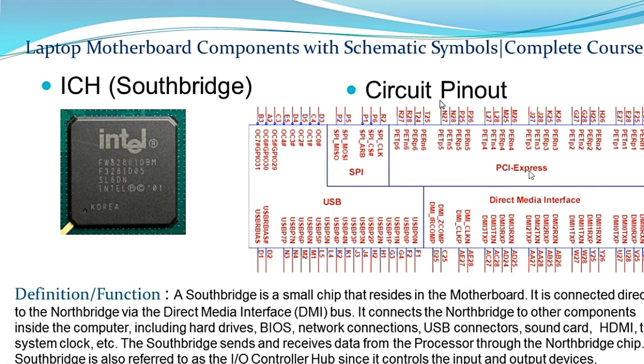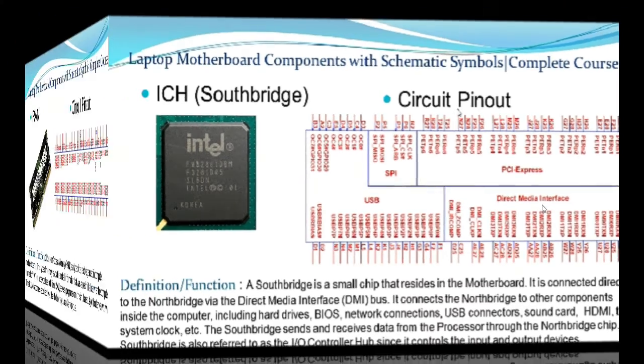Basically PCI Express are connectors that we can use to add more external cards to the computer motherboard, including, for example, USB cards, network cards, etc. And over here we have the DMI or direct media interface controller. So let's see the next component.